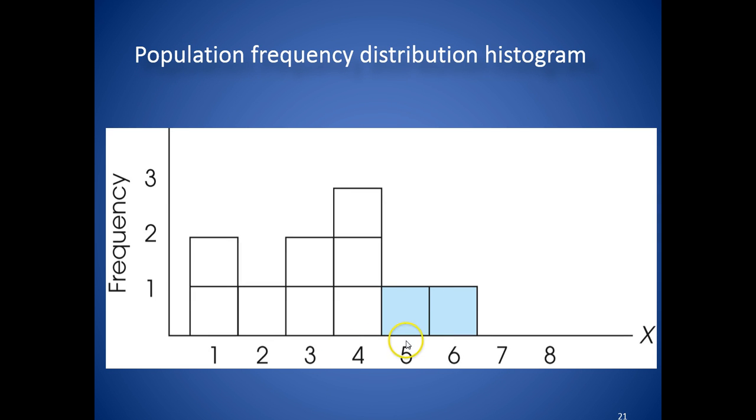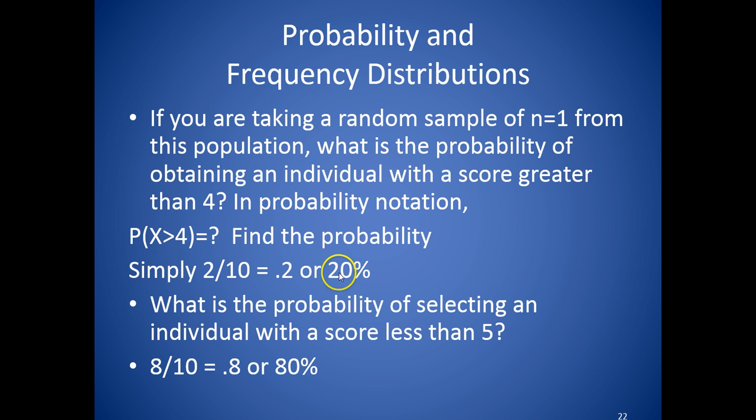Basically, there's only 2. One individual got 5, another individual got 6. So there's only 2 individuals with a score greater than 4, and then you divide that by the total possible outcomes, which is 10, and therefore your answer is 0.2, or a 20% probability that we will obtain an individual with a score greater than 4.